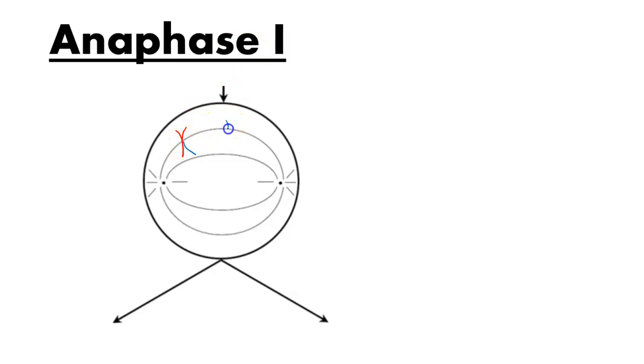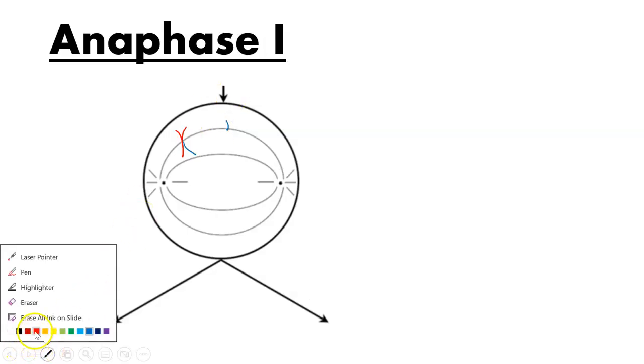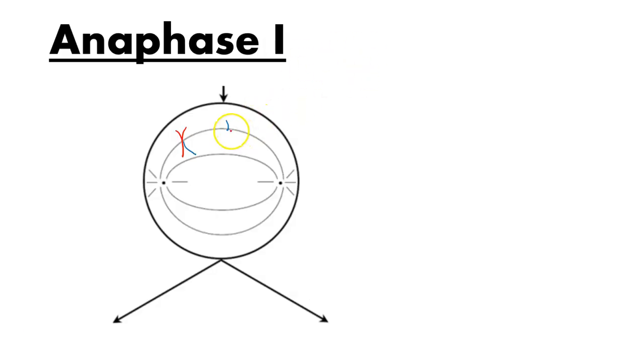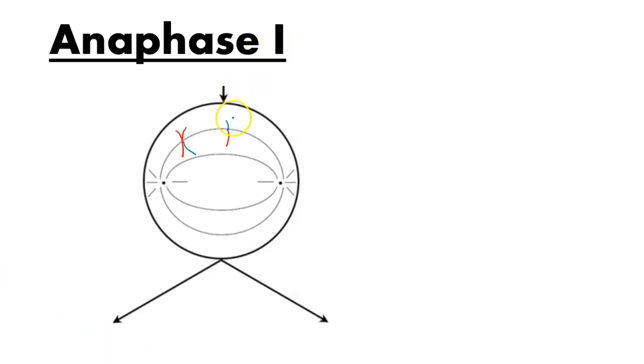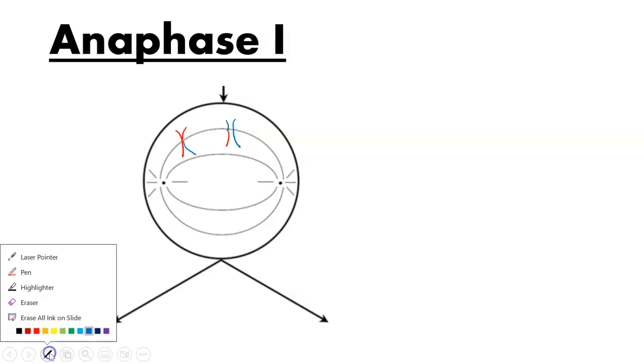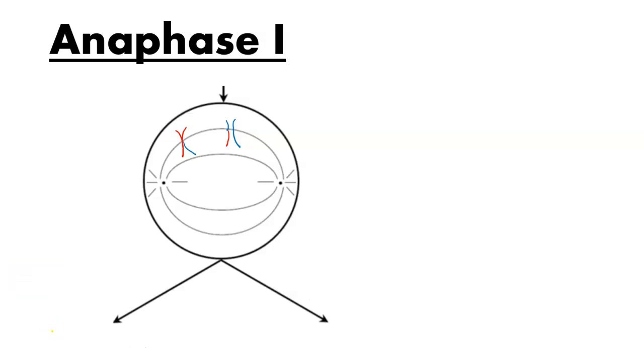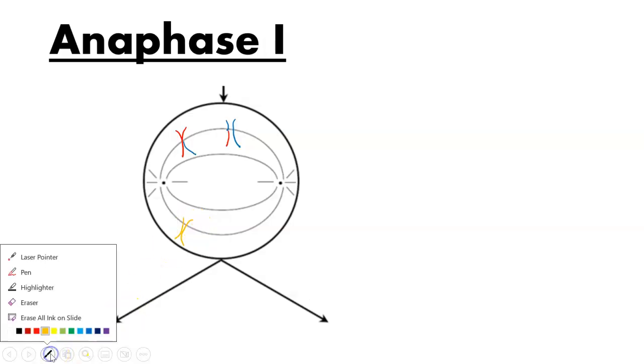And then I've got that blue with a little bit of red on this side, and then the rest of that chromosome is blue. You can see that they're no longer attached to each other. And the same thing's going to happen down bottom, where I have that yellow going one direction and the green starting to move the opposite direction.